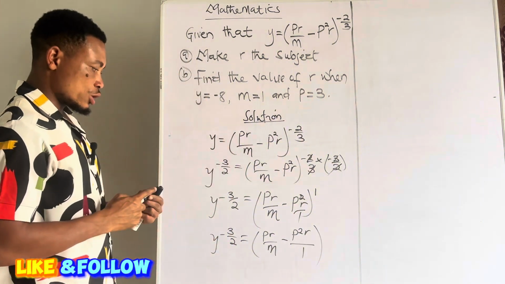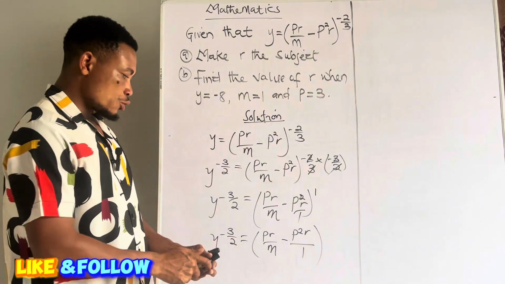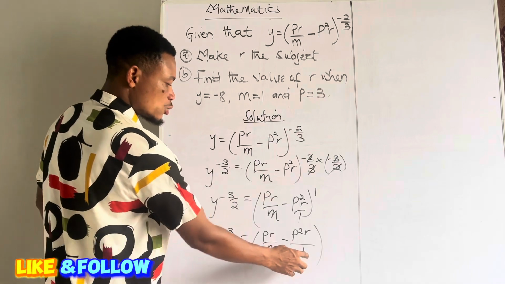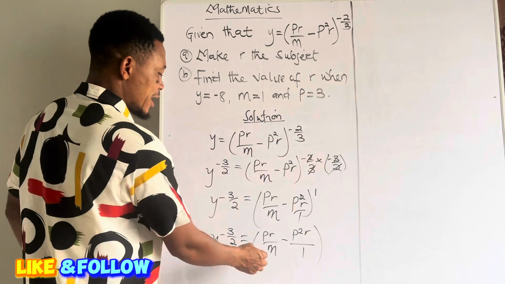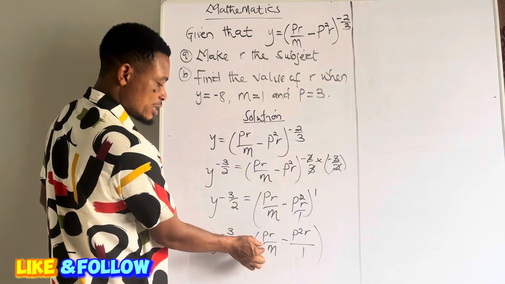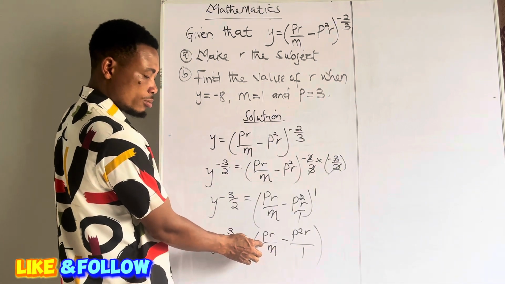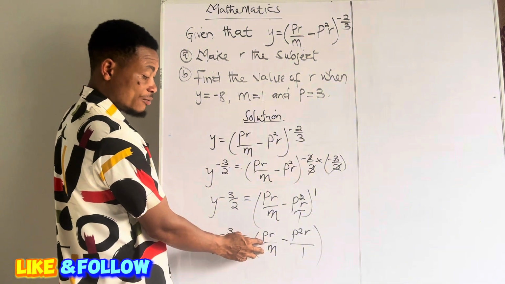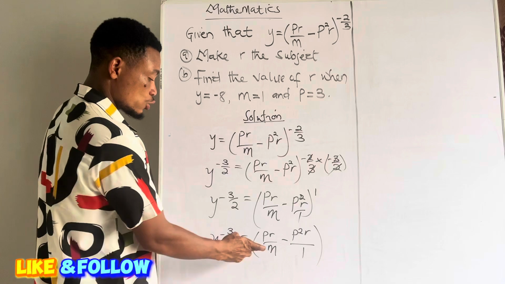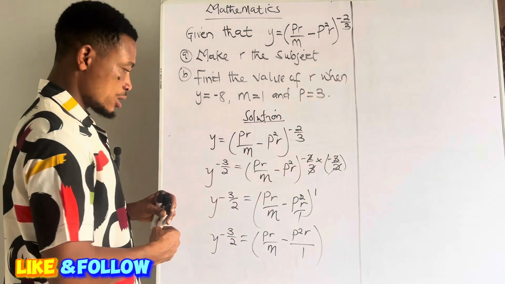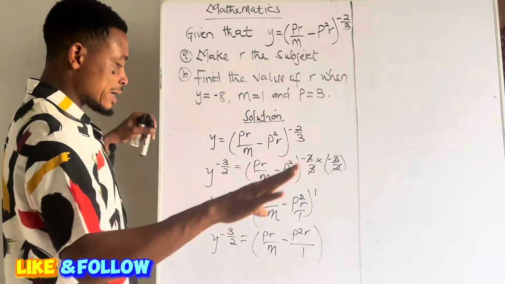We need to multiply by m. This is the only thing that is having a fraction. This has no fraction. Over 1 is the same thing. So we multiply the whole thing by m.